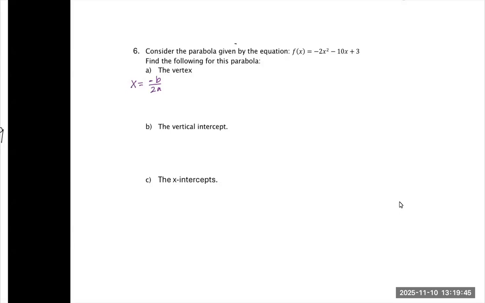The coordinates of the vertex, they often refer to them as h, k. This is the x coordinate of the vertex, and this is the y coordinate of the vertex.